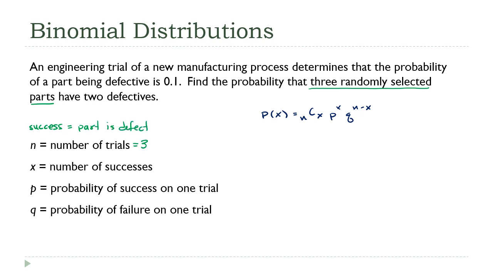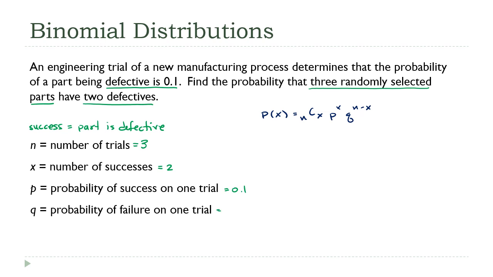Remember, I know this is a little counterintuitive, but in statistics, there's no judgment to this, right? Success just means what we're looking for, regardless of whether it's a good or a bad outcome. So the number of successes, that's going to be the number of defectives that we're looking for. That's 2. The probability of a success, remember, a success is a defective part. The probability of getting a defective part is 0.1.